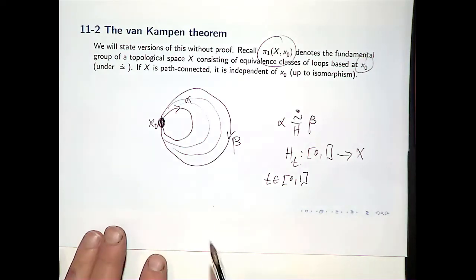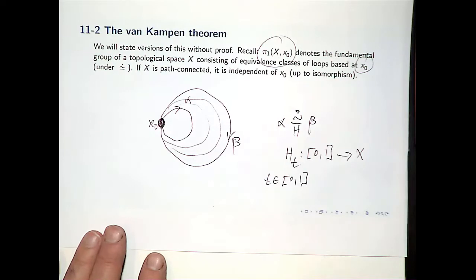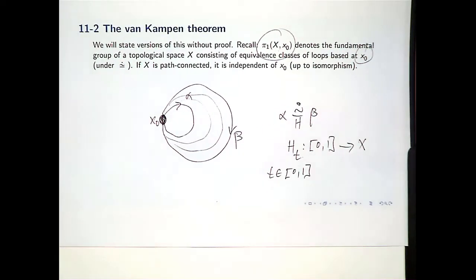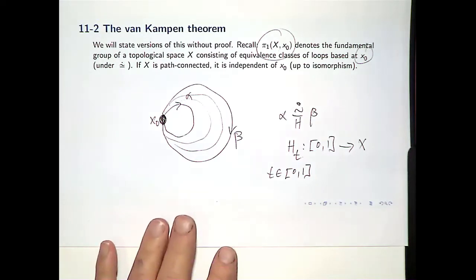So the equivalence classes of such loops give us a fundamental group. And I've explained that if the space is path connected, the base point is not important, in the sense that the two different groups you define will be isomorphic, although not in a natural way.